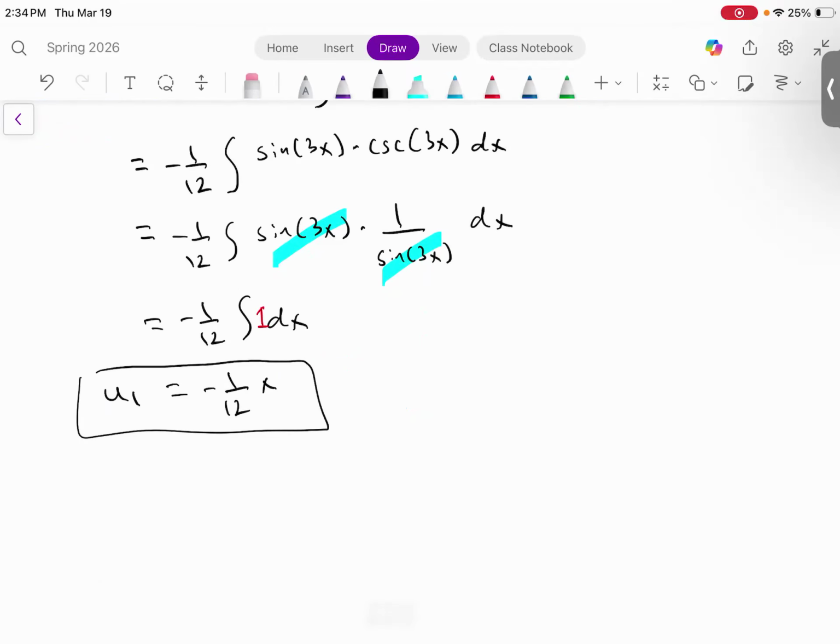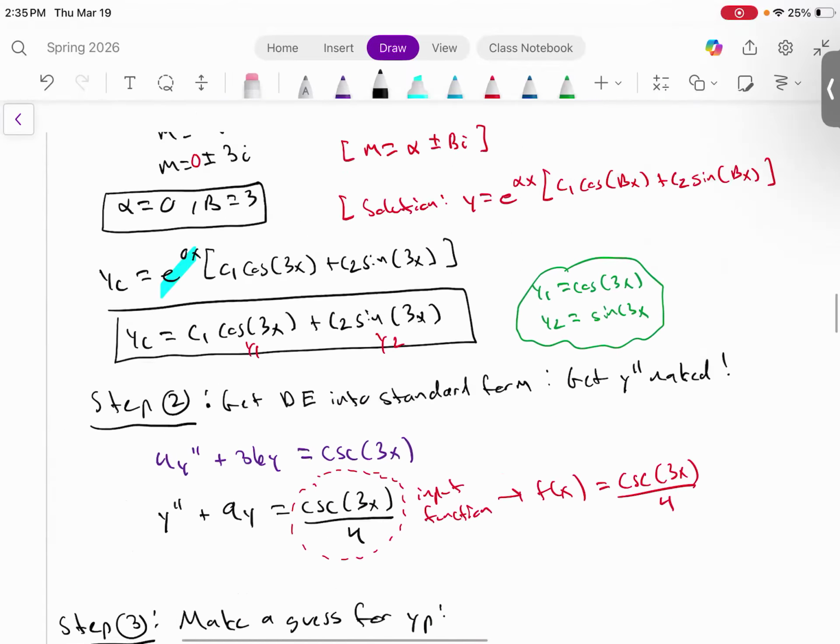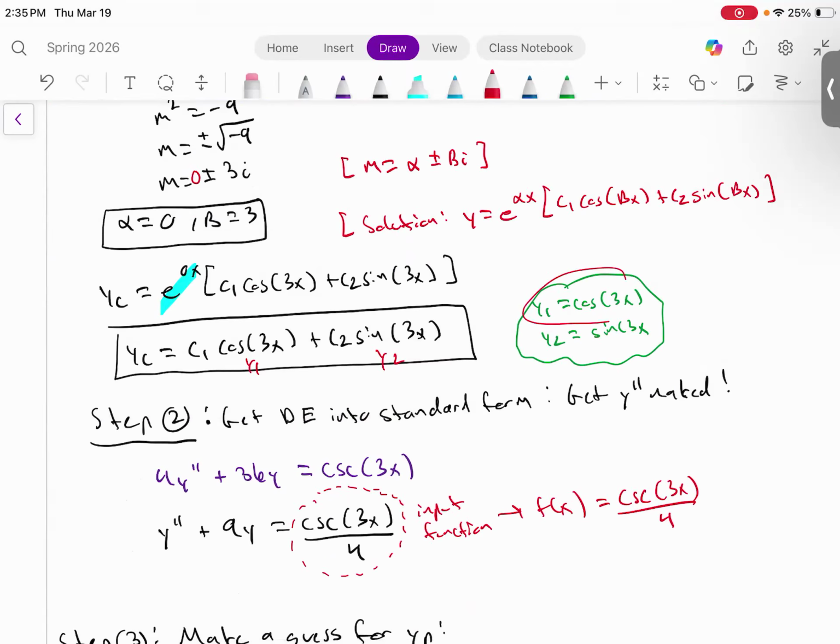So u2 is the integral of y1 times f of x over the Wronskian dx. Okay, so y1, let's backtrack, is going to be this cosine 3x.